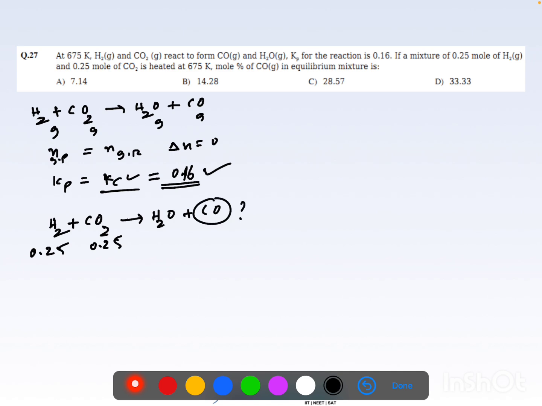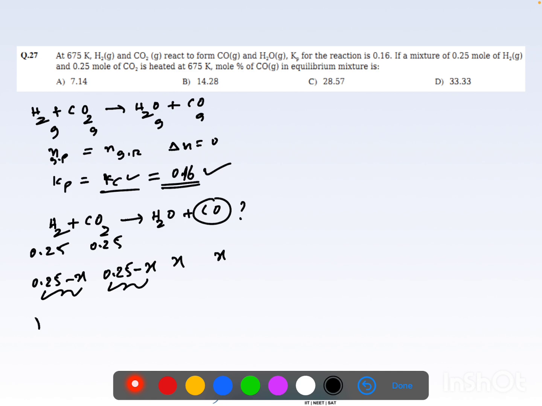So we don't know what the degree of dissociation will be. So out of 0.25, if X is the amount reacted, similarly here also it is 0.25 minus X. So this is the remaining concentration. And definitely if X is reacting, X amount of H2O will be formed and X amount of CO will be formed.